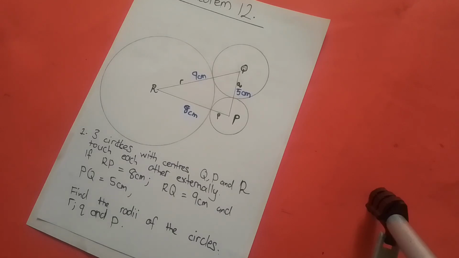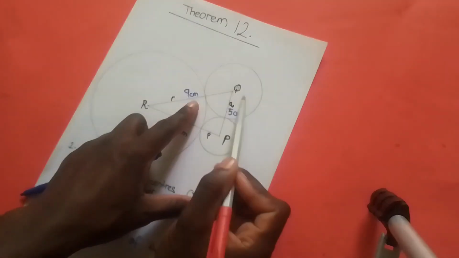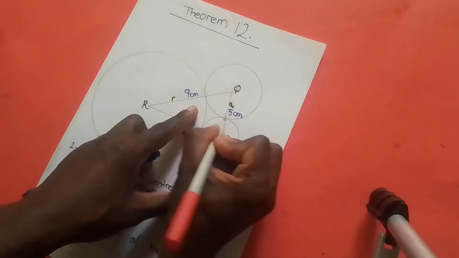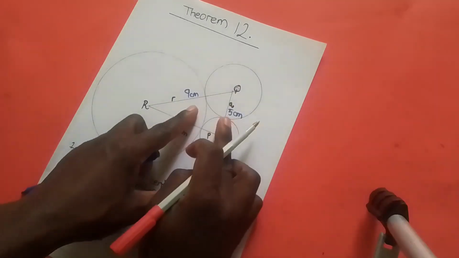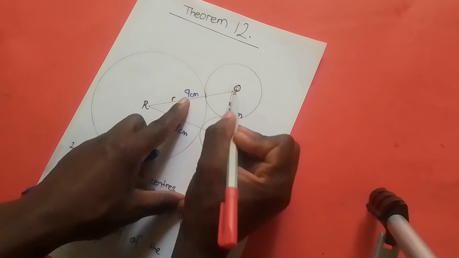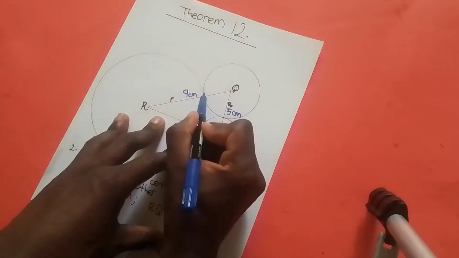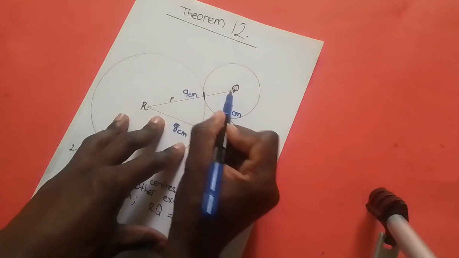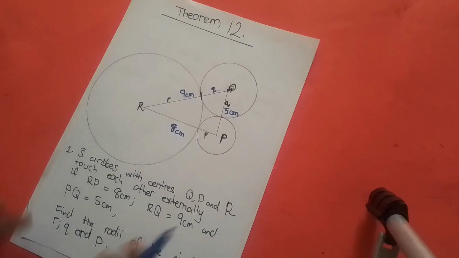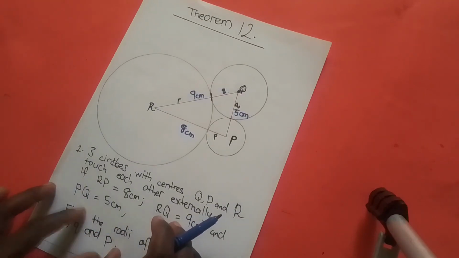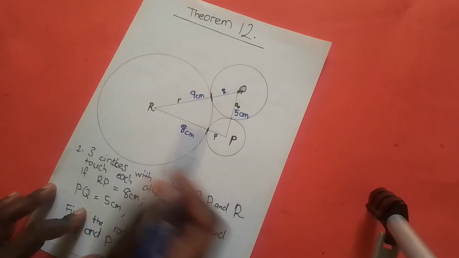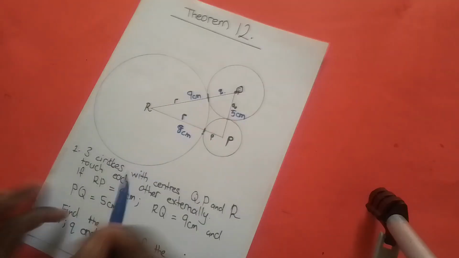The radius of this slightly bigger circle is Q, which means from here to here is Q. From the point of contact to the circle center is Q, the radius. And if we go to the bigger circle, from this point of contact or this point of contact to the center is radius R.